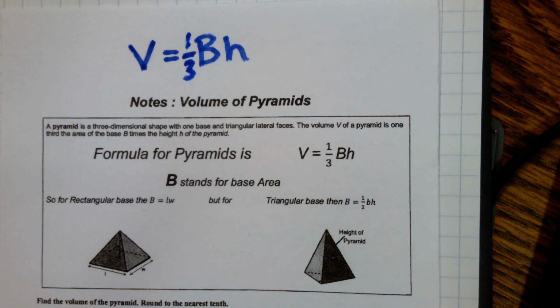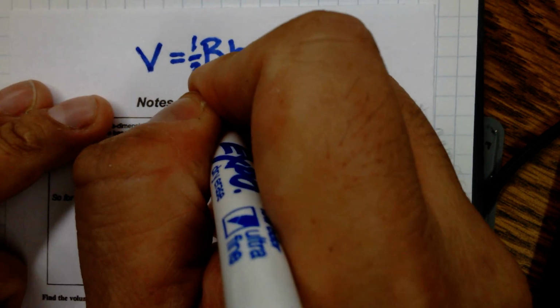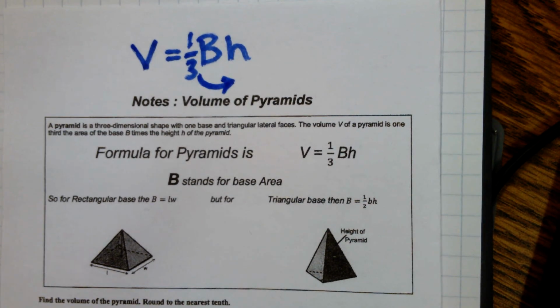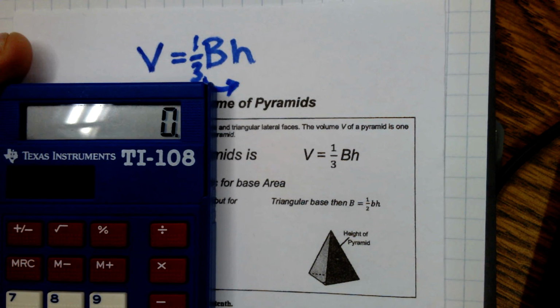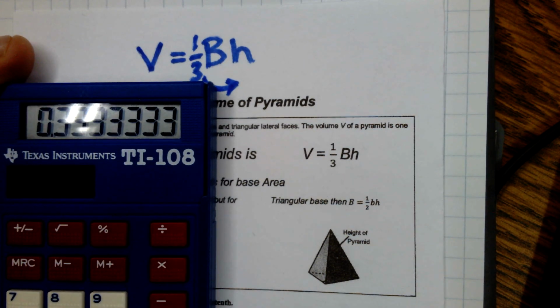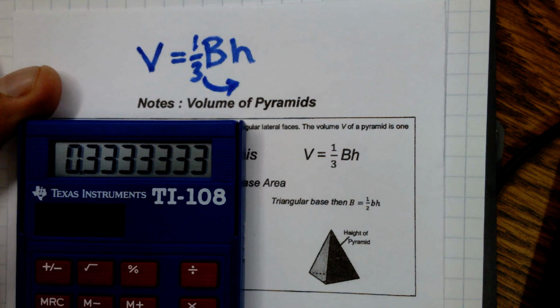Multiplying by 1/3 is tricky because the decimal expansion of 1/3 is, does anybody know? If I want to convert 1/3 into a decimal, 1 divided by 3, look what it is.